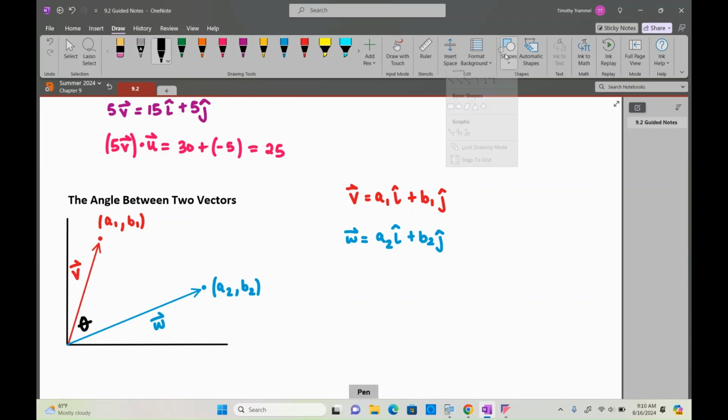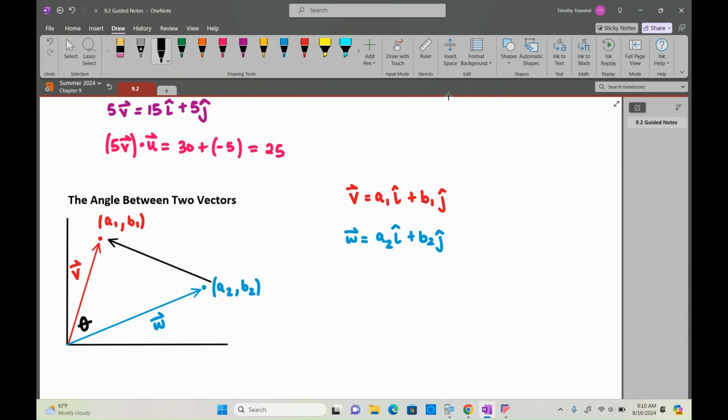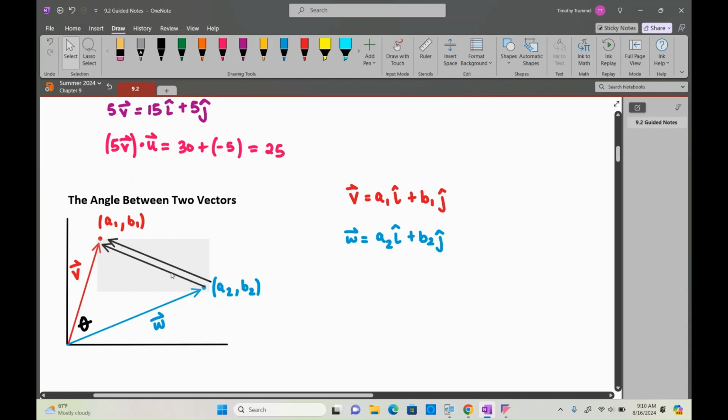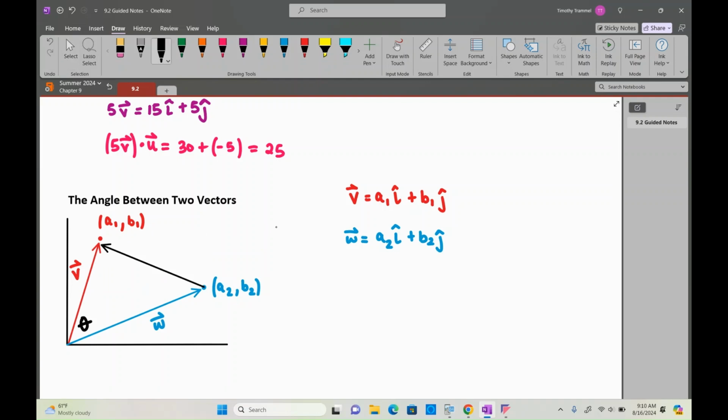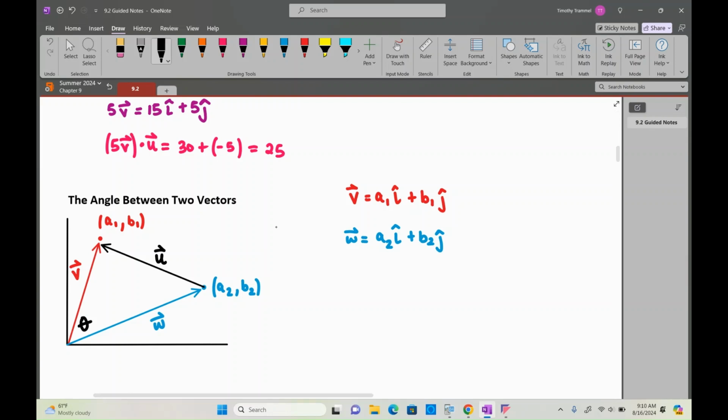Let me use the line tool here. Here we go. Right, so that's pretty close. So this vector here, I'm going to call it u. And this vector u, we can say something about it.